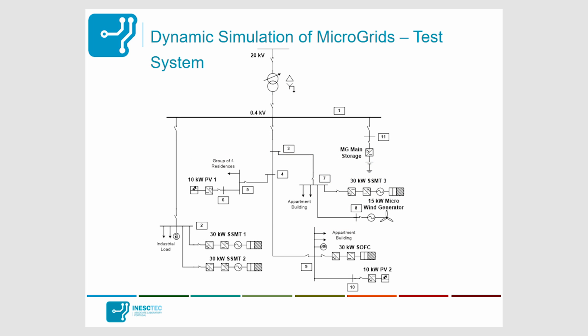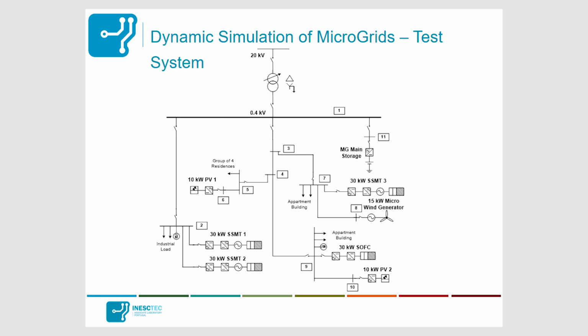Now I'm going to show you some results we obtained from dynamic simulations on a microgrid test system. This is the test system we used, where we have several microturbines, PV panels, fuel cells, and there is also a main storage device.